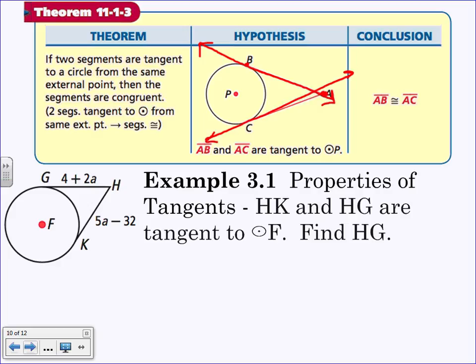I didn't draw that very well, but it only crosses the circle at point C. But because it passes through the same external point, we can say that the two segments are congruent. So AB has the same length as AC. AB is congruent to AC, because they're both tangent lines to the same external point.